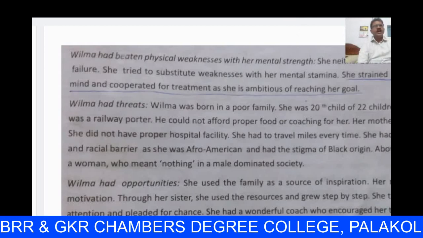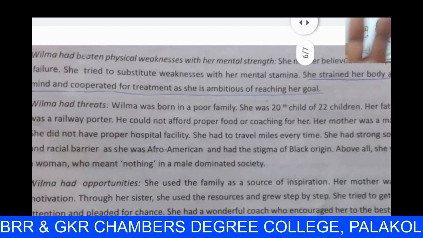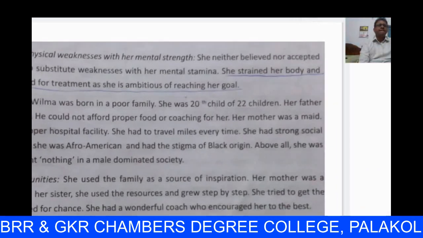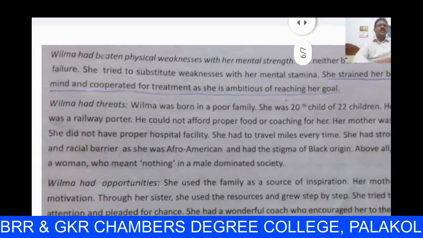Let us see the last one, opportunities. She had so many opportunities. She used the family as a source of inspiration. Her mother was a motivator.